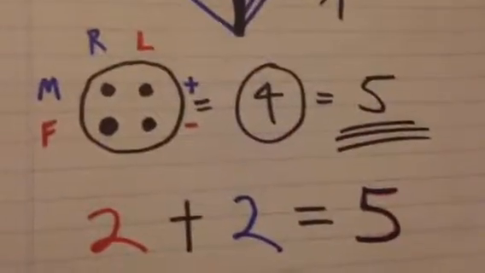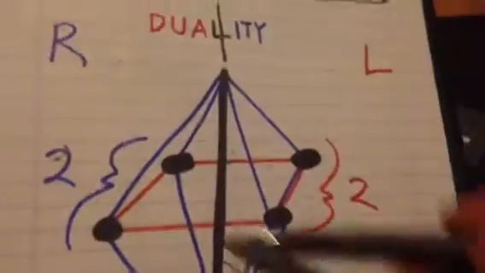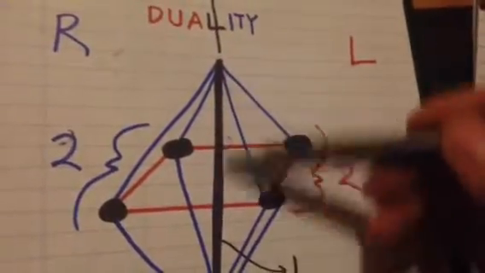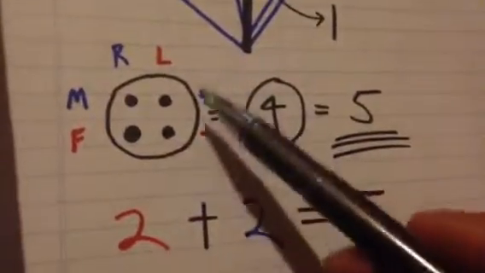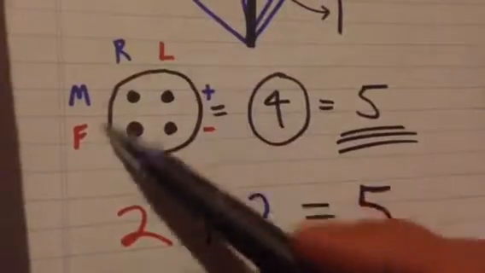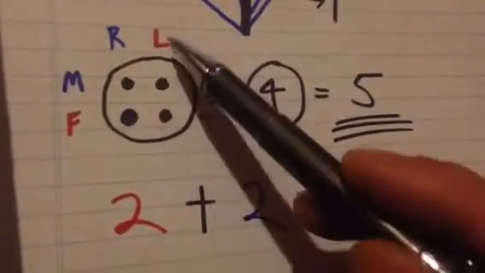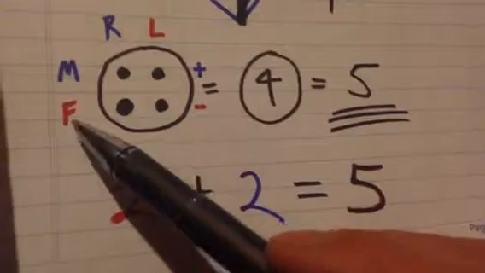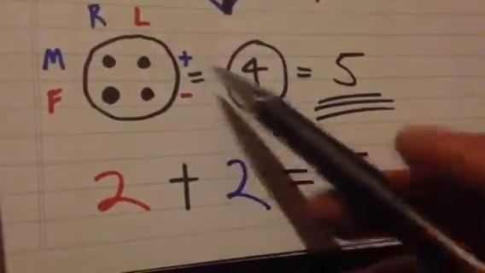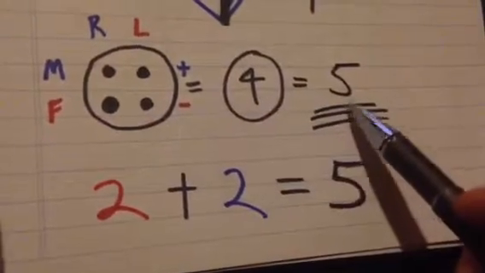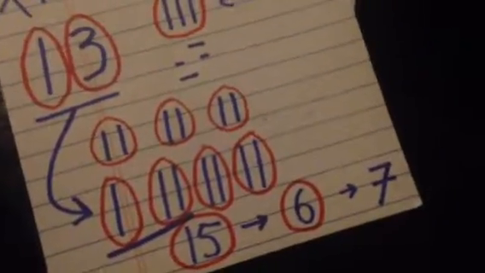So, 2 and 2 always makes a 5. It's the line of balance in the duality of the heaven. When you look at it from a different point of view, when balance is attained between the left and the right, the masculine and the feminine, the negative and the positive, the 4 becomes 5, and the 4 can become 5 as 2 and 2, or as 1 and 3.